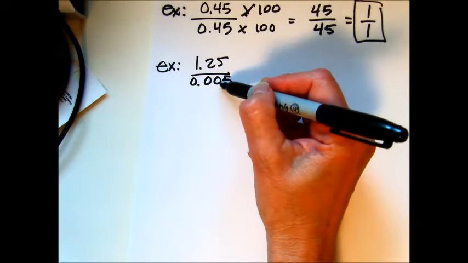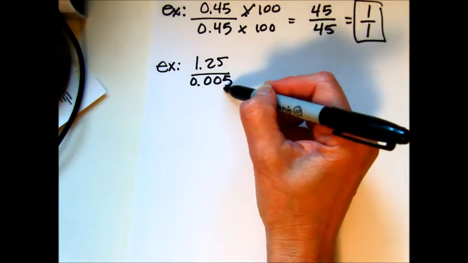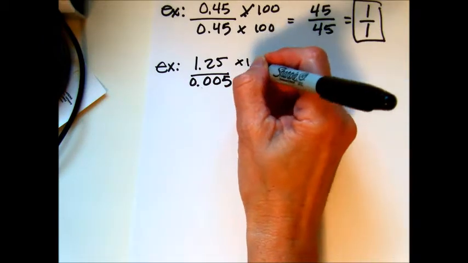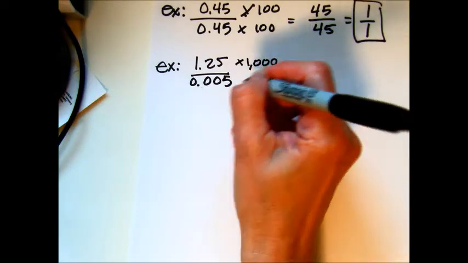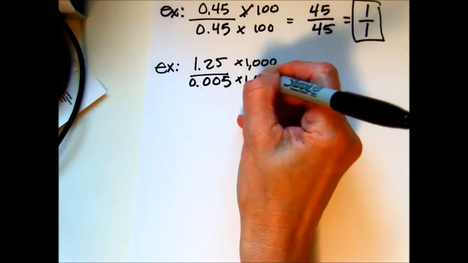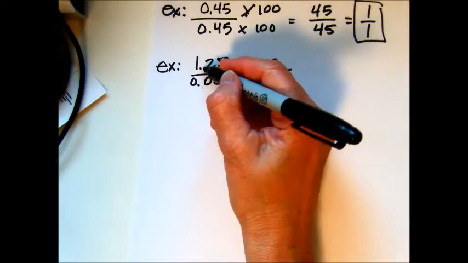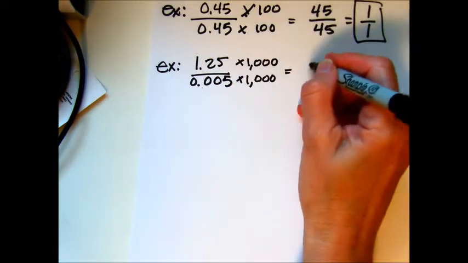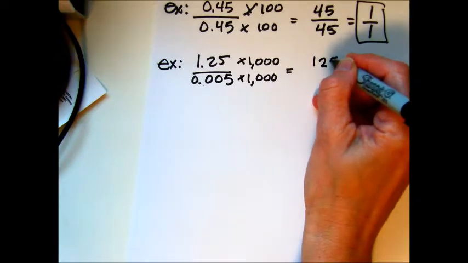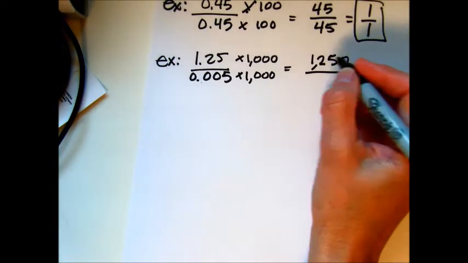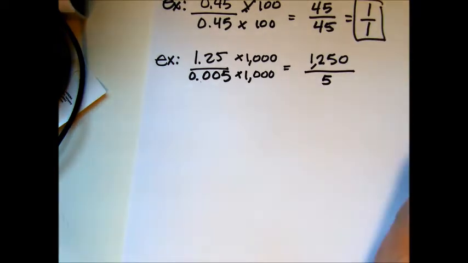However, if I only go to 2, I'm still going to have 0.5 here. So I want to actually multiply both of them by 1,000. And then I'll rewrite it. So 1, 2, 5, 0. So 1,250 over 5.